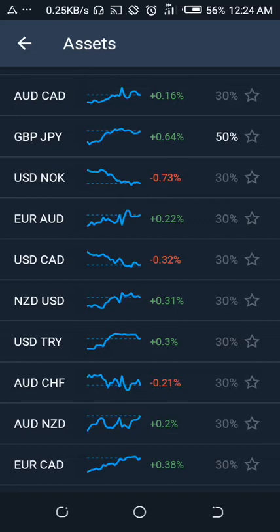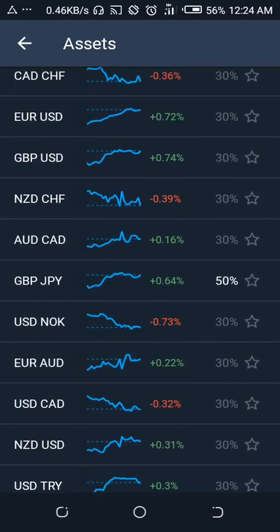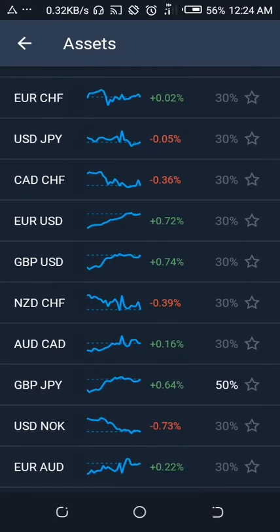GBP, that is Great British Pound, is our major pair currency. So you have to look for that currency before you start your trade, and choose your pair carefully. It is very, very important.